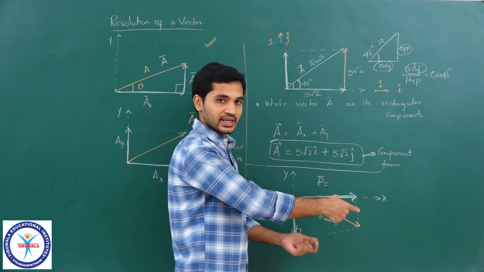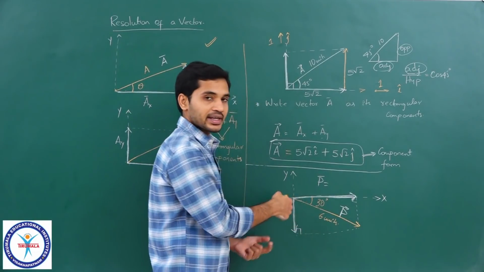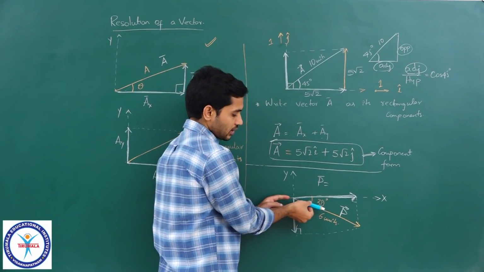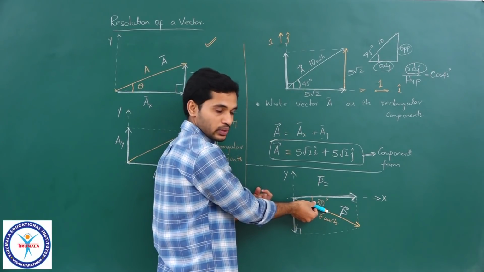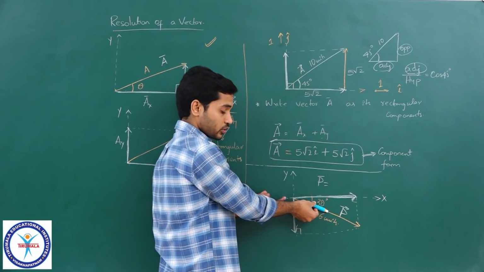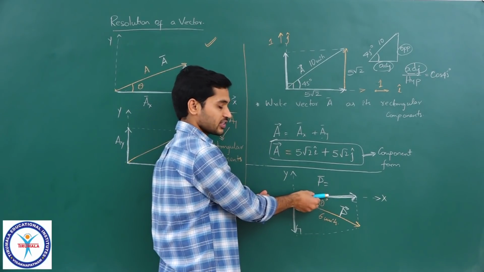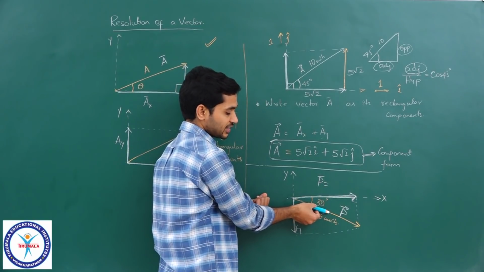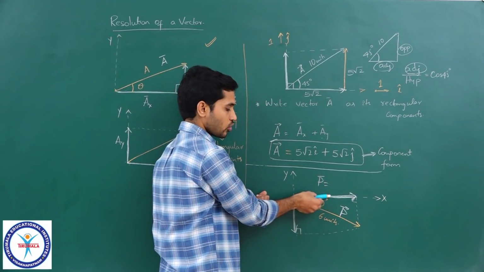Same idea. If you want, you can write it as a separate step, but here I will directly write it. You please understand how I am writing it. I am telling you once again, the hypotenuse, which is our actual vector's magnitude, into cos 30 will give me this length. So, let us say this is P cos 30.